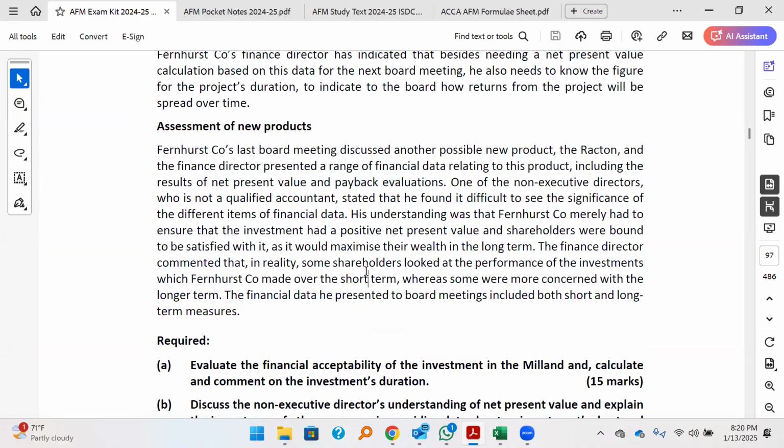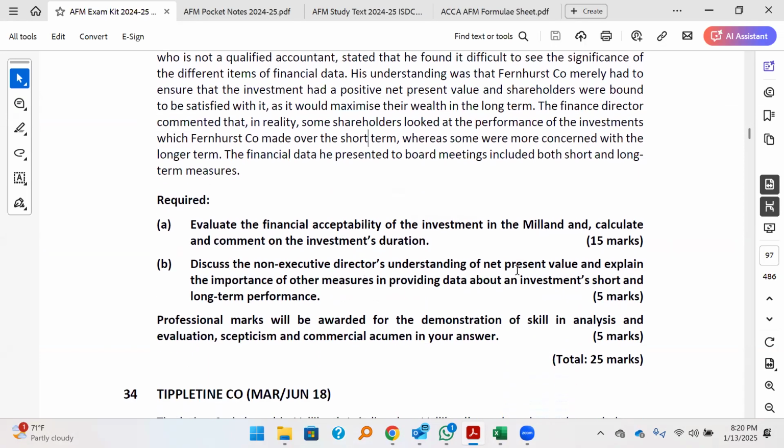And they were saying, discuss the understanding of NPV that the director has, and explain the importance of other measures. Okay, so here you would say, of course, the director is correct about the NPV assumption, because he said when the NPV is positive, it adds value to the shareholders and they will be happy. Yes, that is correct.